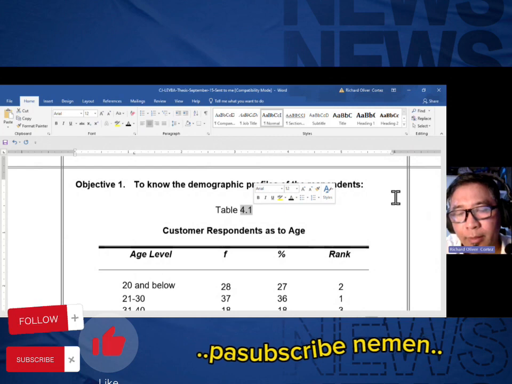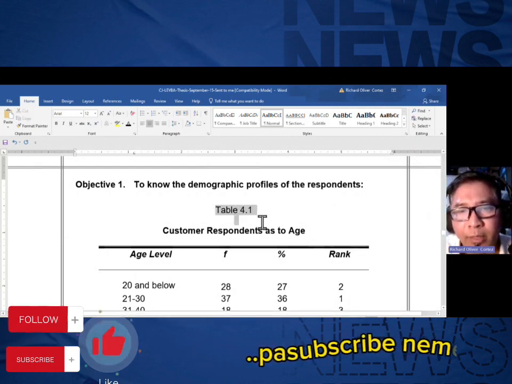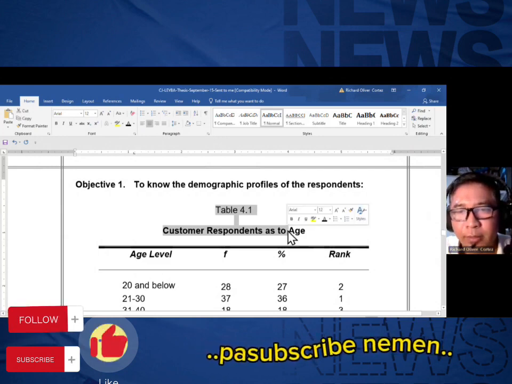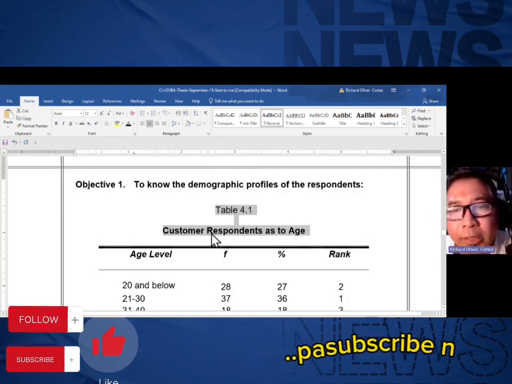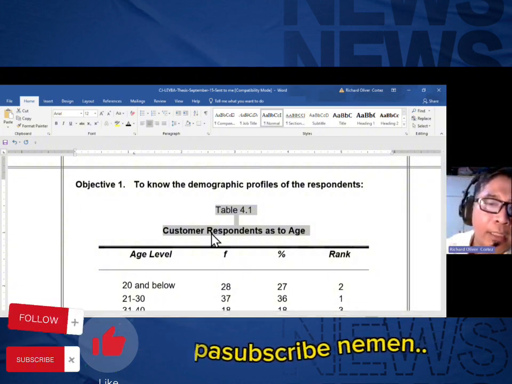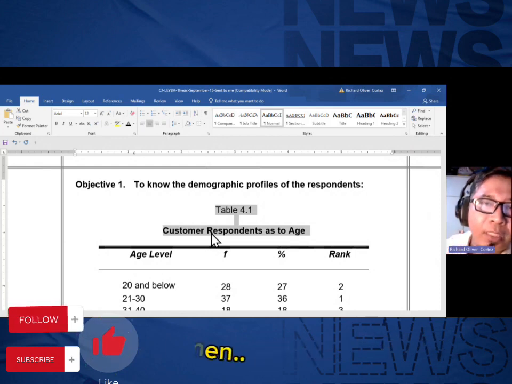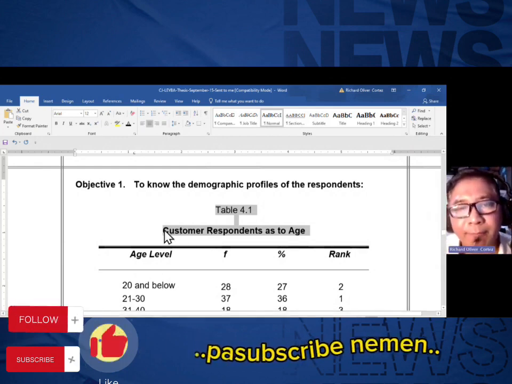Okay, so leave one double space between the table number and the title of the table. Take note that the title of the table is not in all caps. This is just title case, just the first letter of each word should be capitalized.